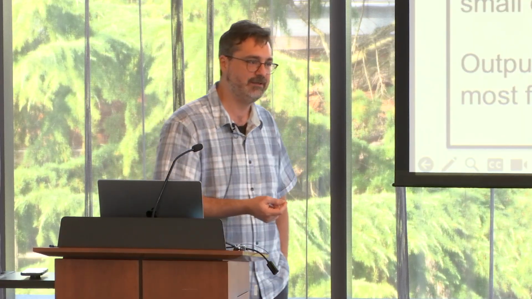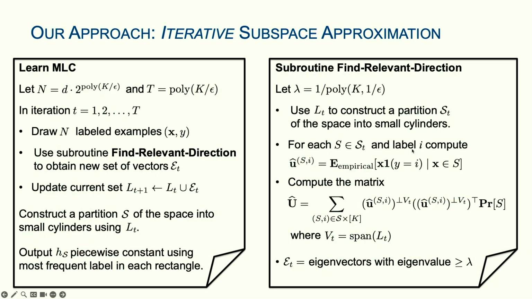In principle, if you don't care about the precise dependence on epsilon and k, and you can live with the power tower, you can add all of those vectors. But this is going to blow up really badly, and finding the largest eigenvalues of this matrix is a way to reduce the number of directions that you use.